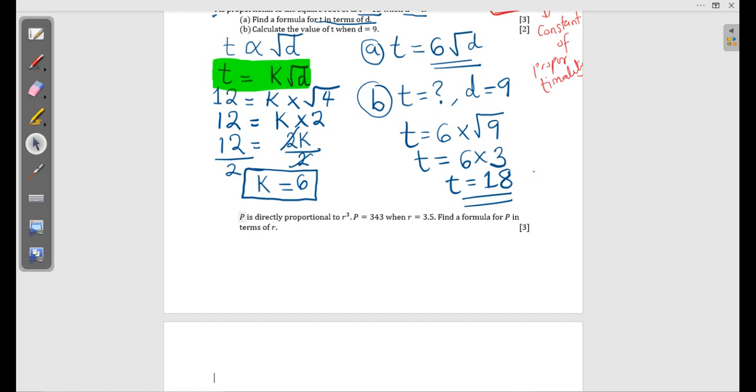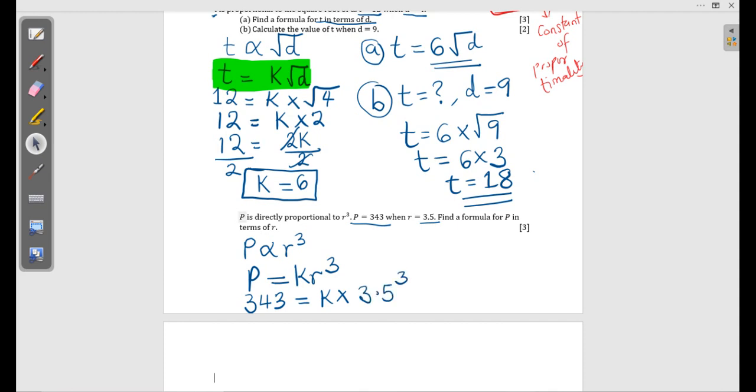So as usual, you write it like this. The next thing you do is to bring in your constants. So what's my P? 343. What's my R? 3.5 raised to the power of 3.